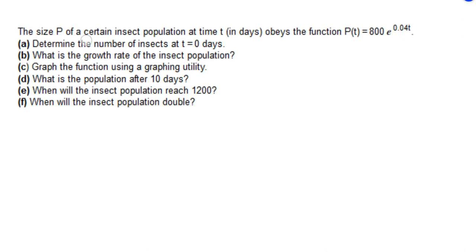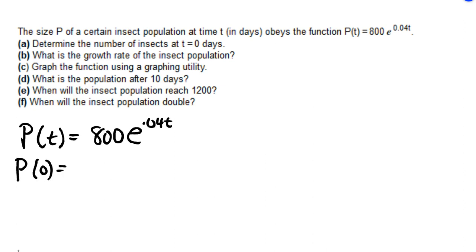The size p of a certain insect population at time t in days obeys the function p of t equals 800 e to the 0.04t. In part A, we want to determine the number of insects at t equals 0 days. If t is 0, we substitute 0 in for time and get 800 e to the 0.04 times 0.